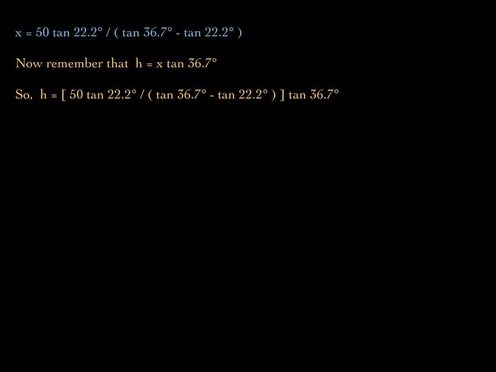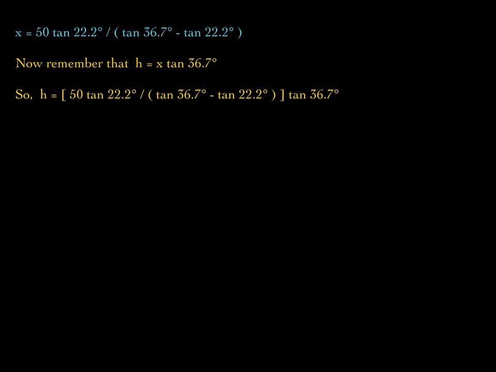Now be careful how you read this. This is 50 times tangent of 22.2 degrees divided by tangent of 36.7 degrees minus tangent of 22.2 degrees. And all of that times tangent of 36.7 degrees.